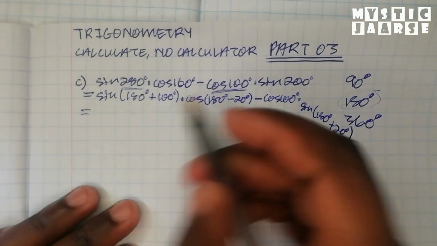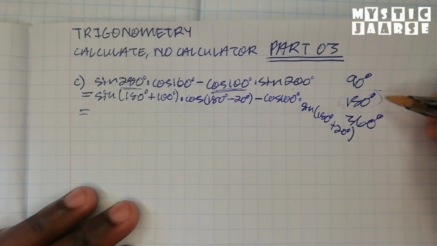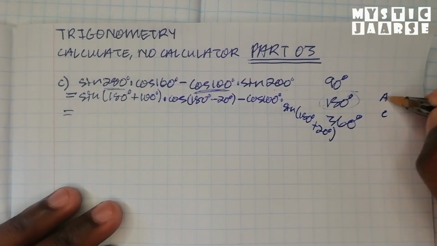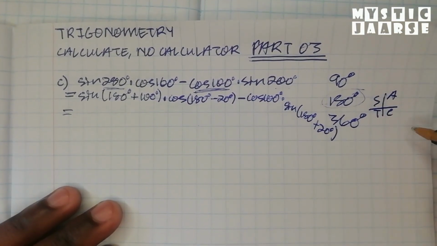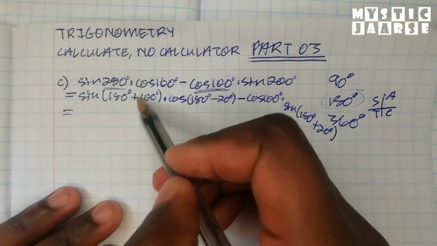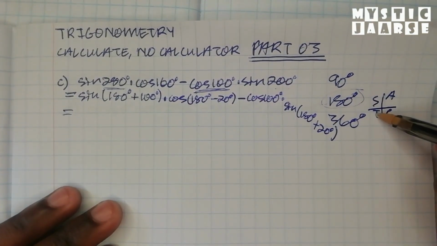So we have, let's do our CAST on the side. So we have 180 plus, that's the third quadrant, right?